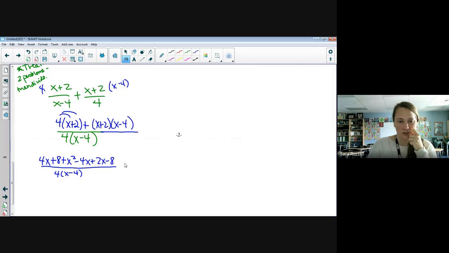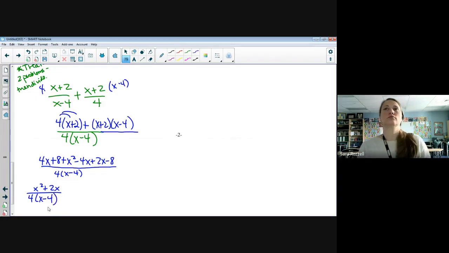What cancels out? My 8's cancel out. My 4x's cancel out. It's just x squared plus 2x. Okay. So we took these two fractions, we made them into one fraction.